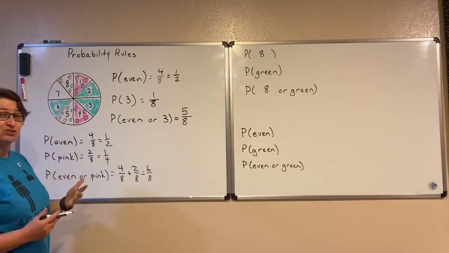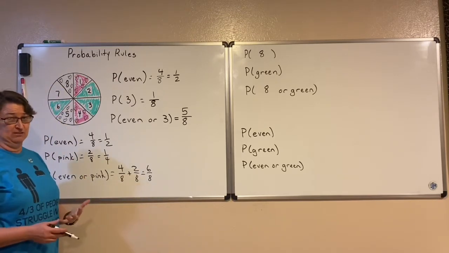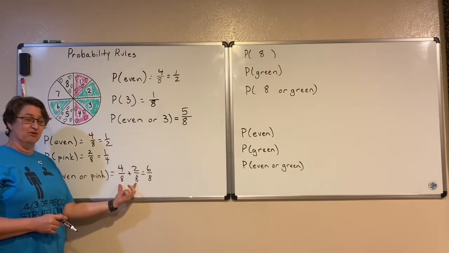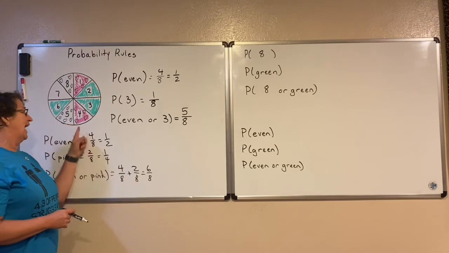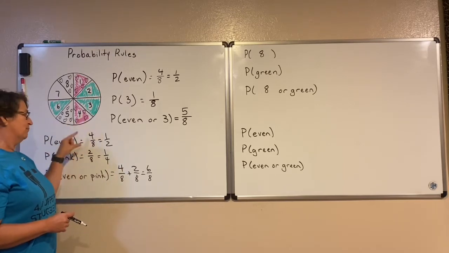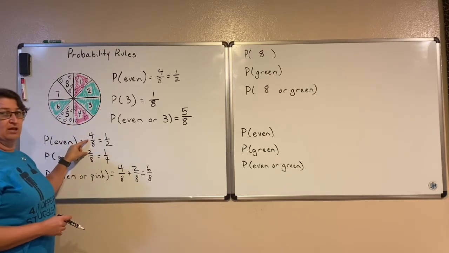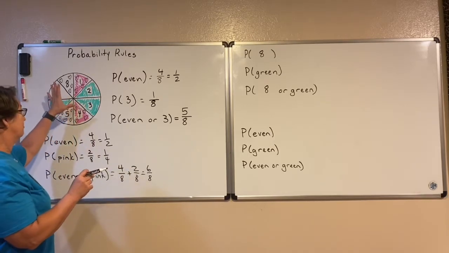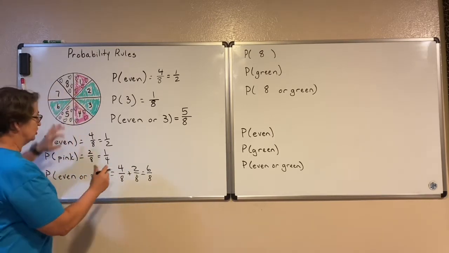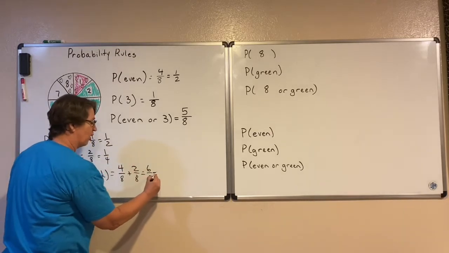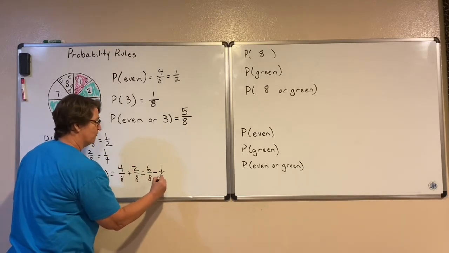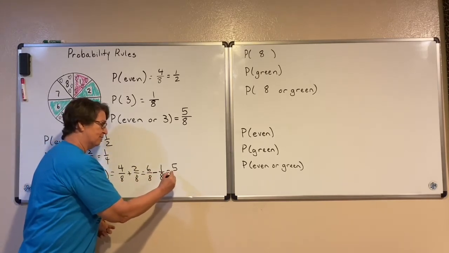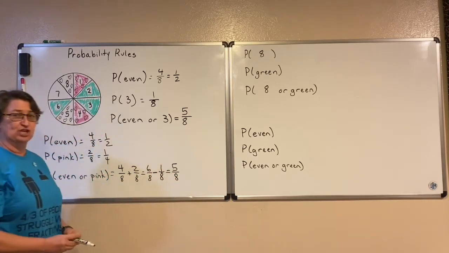So there are actually only 5 out of 8 chances. And that's because when we added these together, we actually added this pink 4 in both categories. But there is only one spot on there that I'm spinning. So I actually need to subtract off that overlap, so that it just ends up being 5 out of 8 chances.